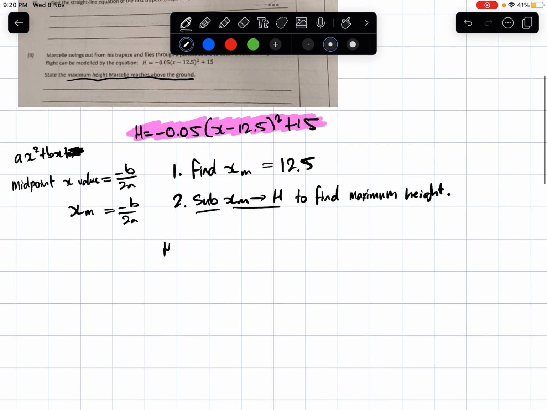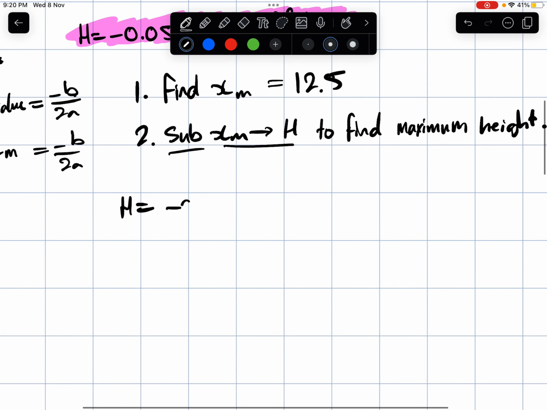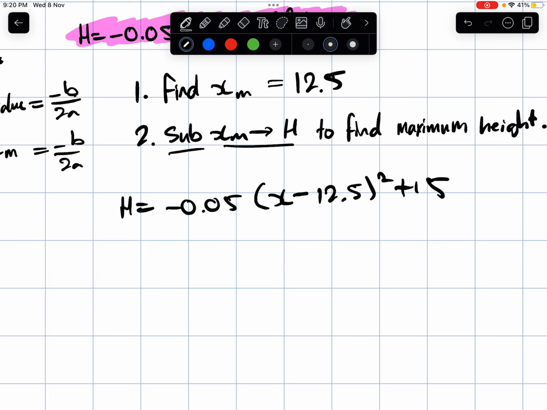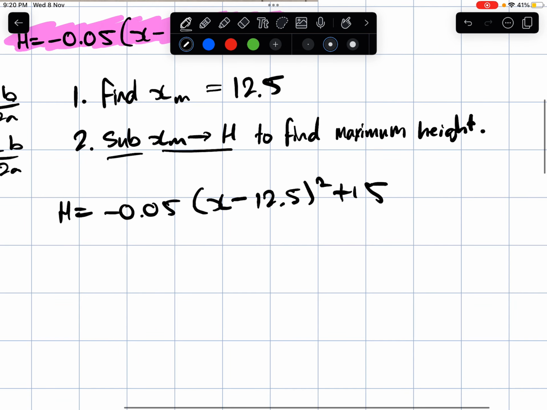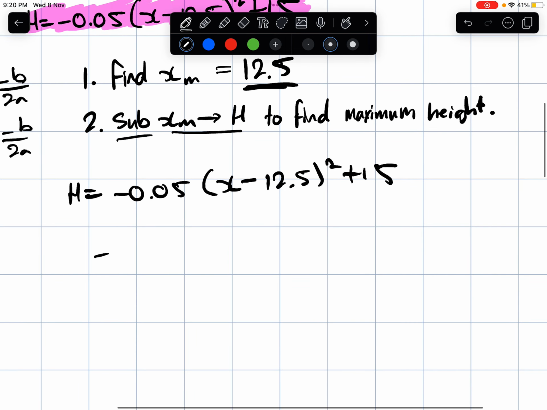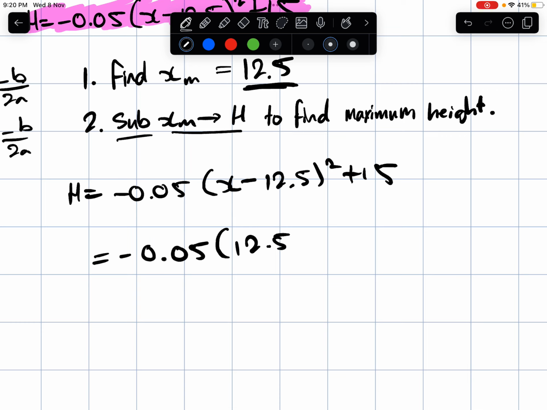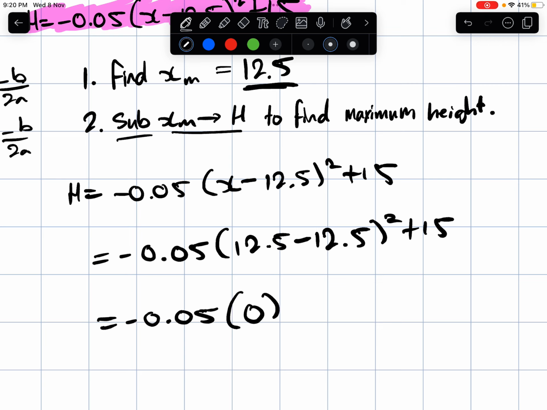So if h equals negative 0.05 (x minus 12.5) squared plus 15, we're subbing xm, which is 12.5. So negative 0.05 (12.5 minus 12.5) squared plus 15, negative 0.05, and then this just turns into 0 squared plus 15.